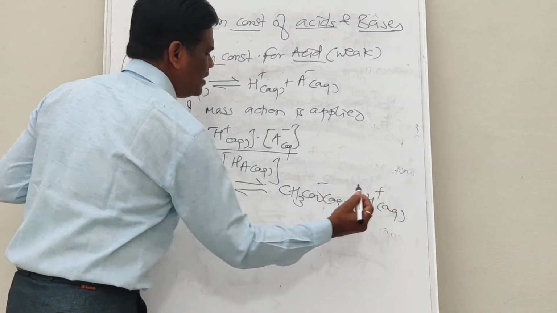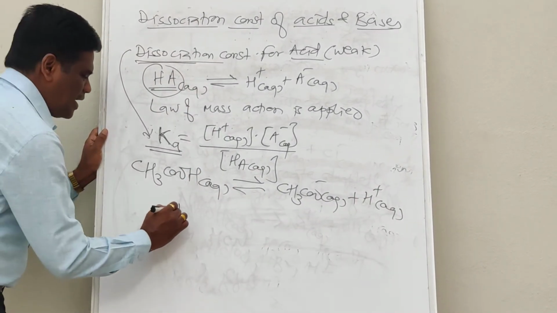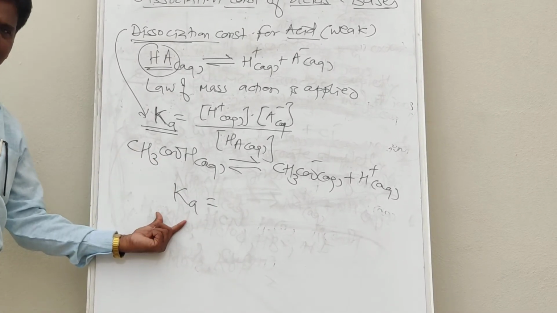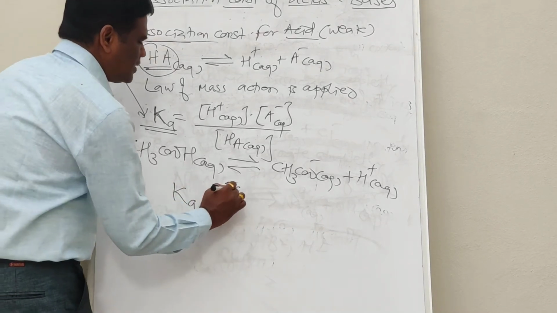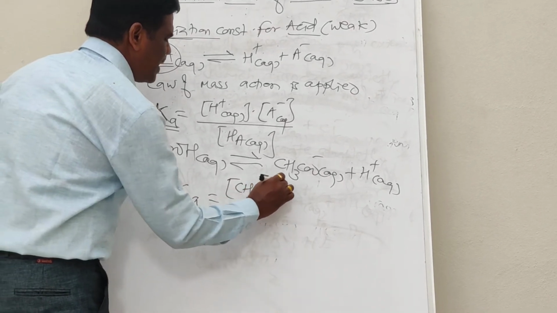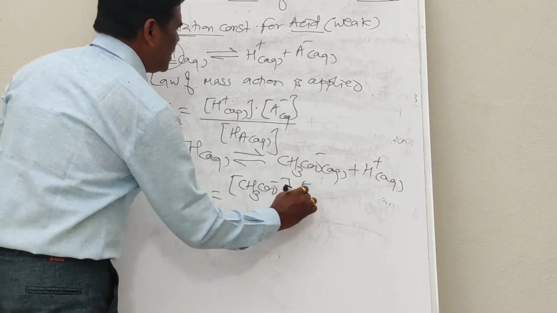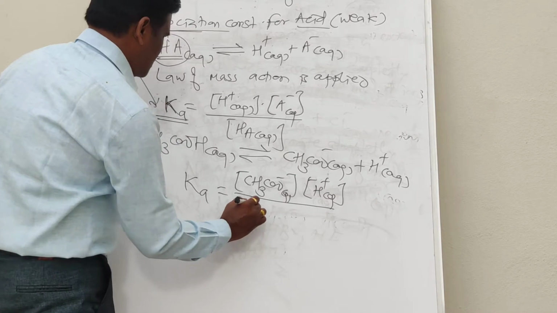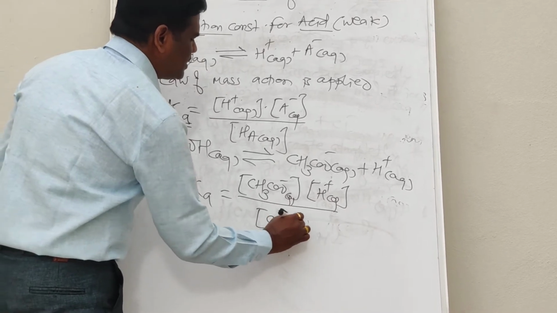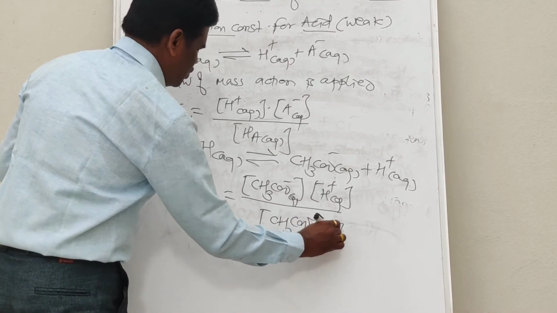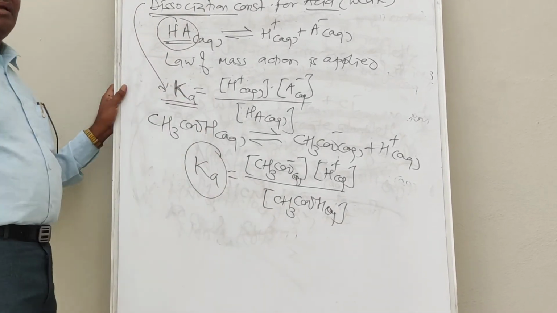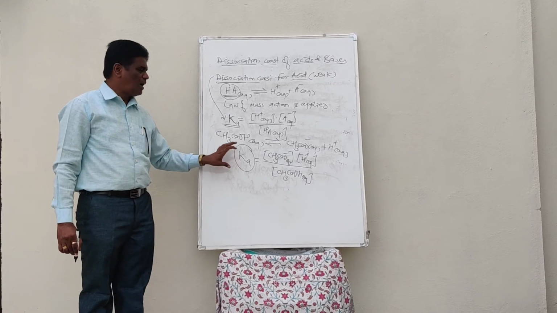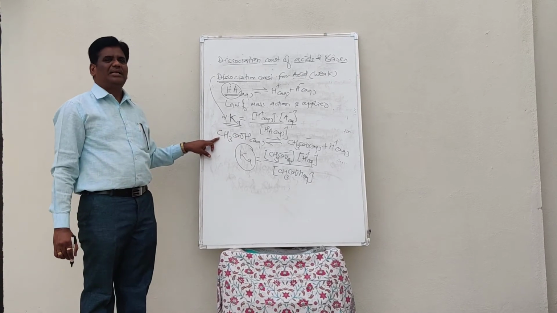Applying the law of mass action, you can write the equation directly. I can write Ka because acetic acid is the acid. So Ka is equal to concentration of CH3COO minus ions into concentration of H plus ions divided by concentration of CH3COOH. This Ka is the dissociation constant for acid, and which acid? That is acetic acid.